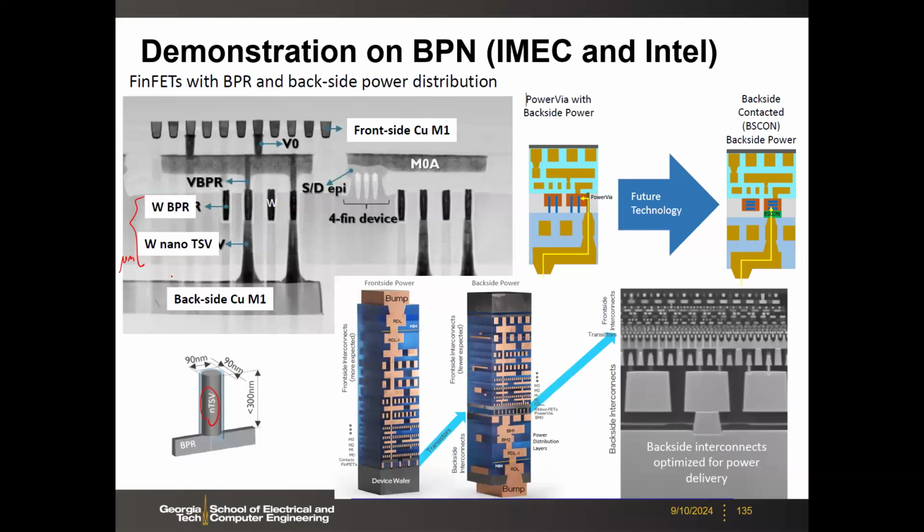Then you can do the backside metal routing. You can finish the front-end process, flip the wafer, do the metal deposition and dielectric deposition, and do the routing on the backside. But in order to connect the backside to the front side, you have to dig a hole through the silicon, and this is the TSV. In this case, you need a very small TSV, a nano TSV, about 100 nanometer in dimension, so you can connect this through.